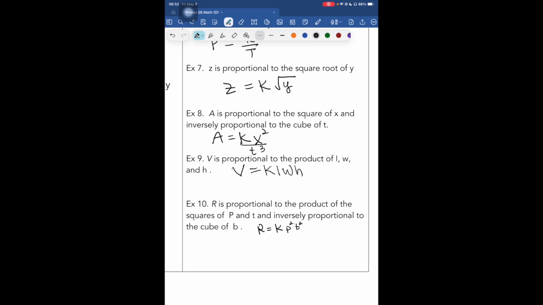And inversely means fraction, proportional to the cube of B. Again, R equals proportional, I put my k, which is my constant, to the product of P and T, but it's squares. So product PT, made them both squares, inversely proportional, made it a fraction, over B. And I'm actually going to fix this a little bit. The fraction should not be over the R. It should only be the k, the P, and the T.